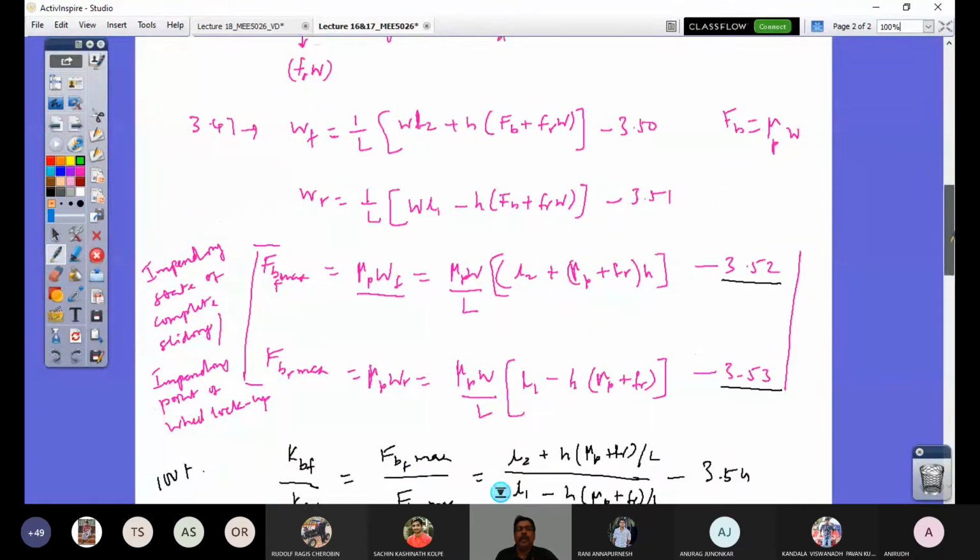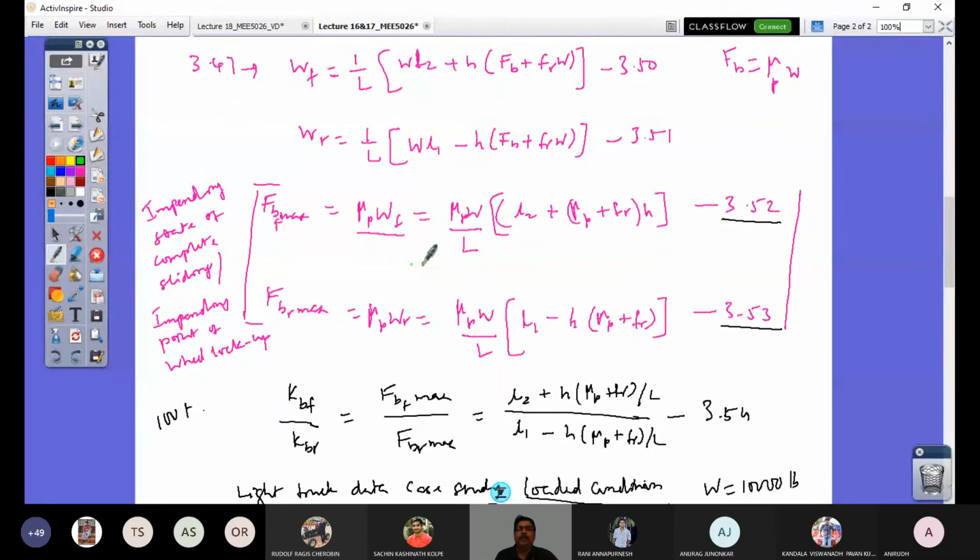And then what we did is we took the ratio of these two, so that we are able to say the ratio gives you the proportion of total braking force that is applied in the front axle and the rear axle respectively.